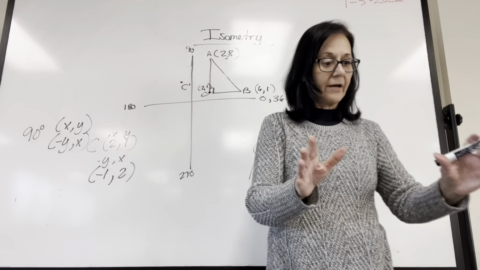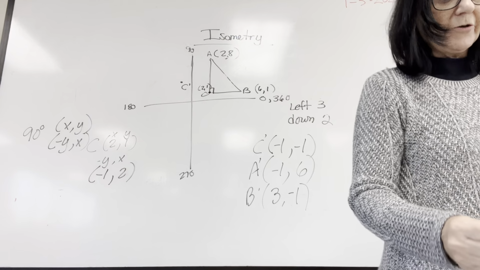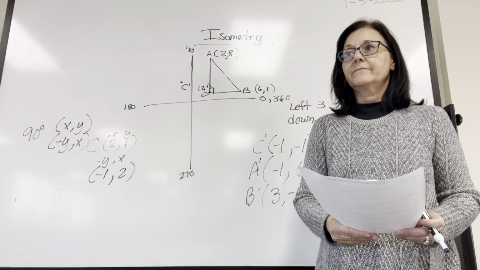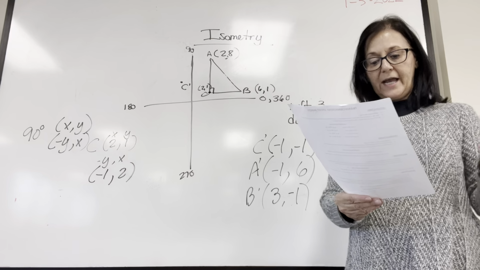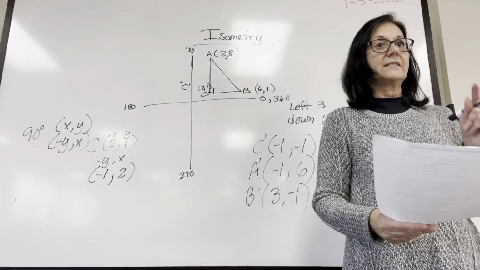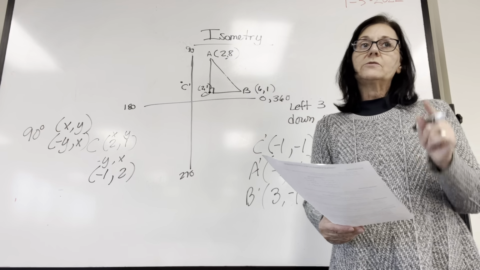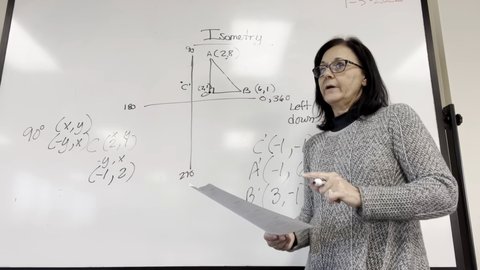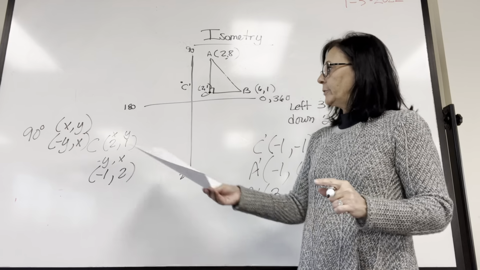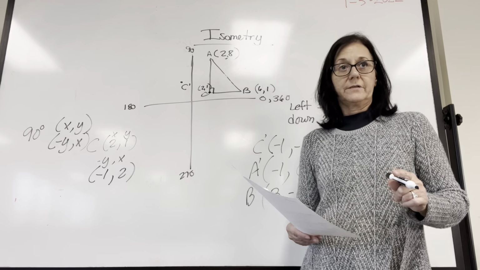Okay, we're not going to do a lot of rotations. 180 degrees, look what happens. Both of the signs change, so X, Y just becomes negative X, negative Y. That's always the case with the 180 degree rotation. It puts it in this third quadrant.